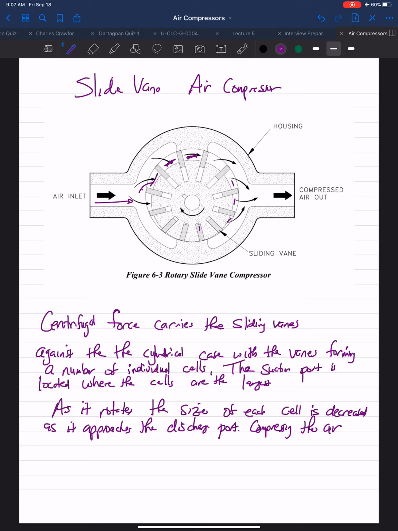So for a given amount of air, if you reduce the volume, then you are increasing the pressure. And that's the principle here.